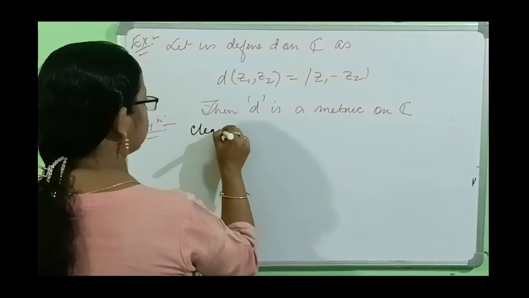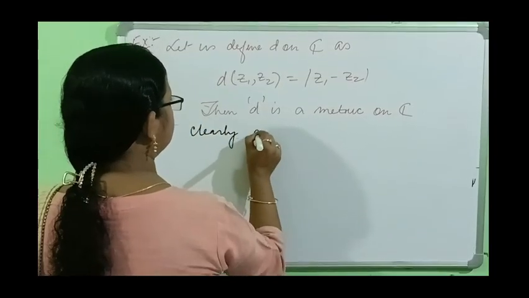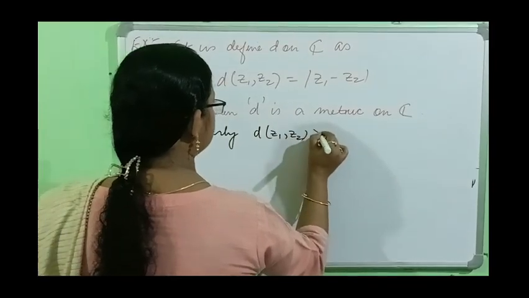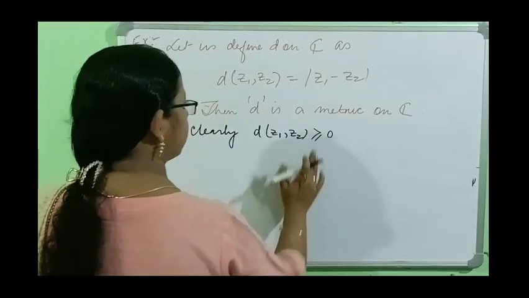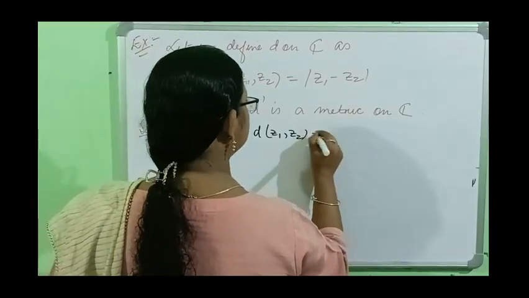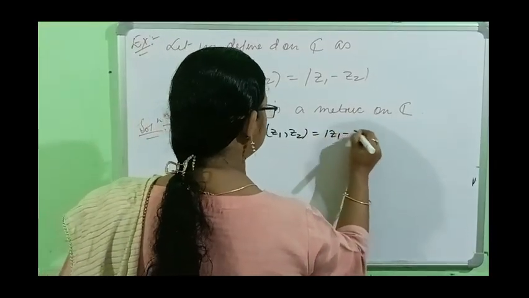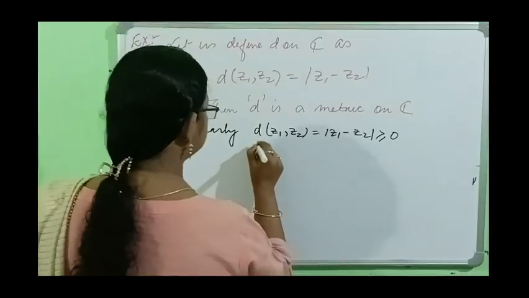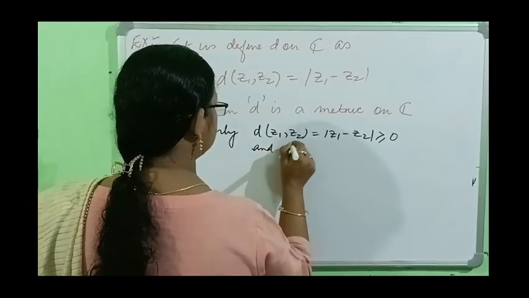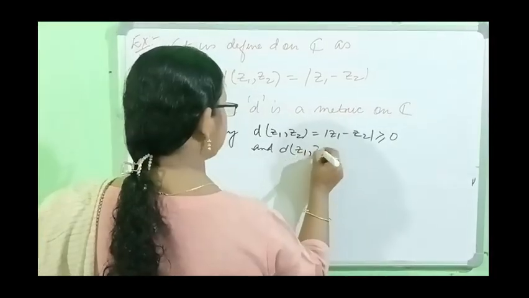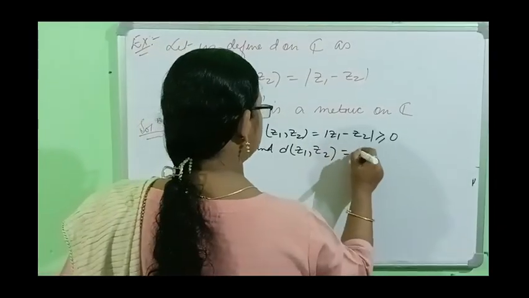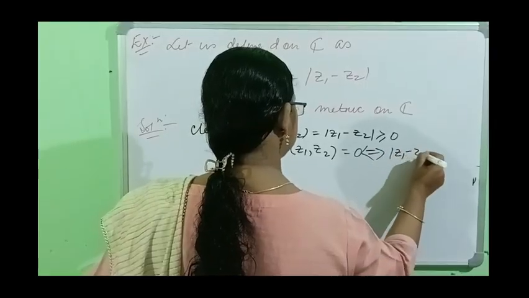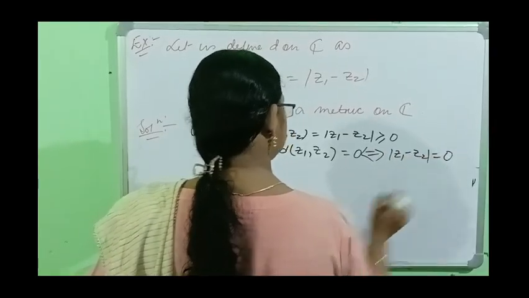Clearly, D of Z1, Z2 is greater than or equal to 0, since D(Z1, Z2) is equal to modulus of Z1 minus Z2, which is greater than or equal to 0. And D of Z1, Z2 is equal to 0 if and only if modulus of Z1 minus Z2 is equal to 0.